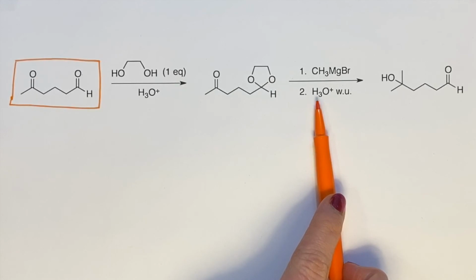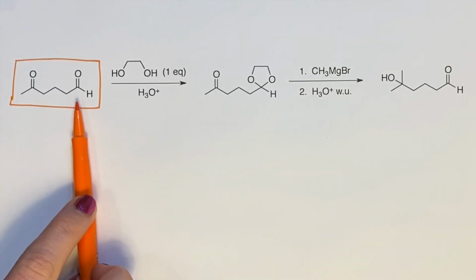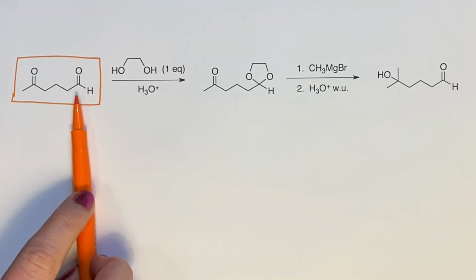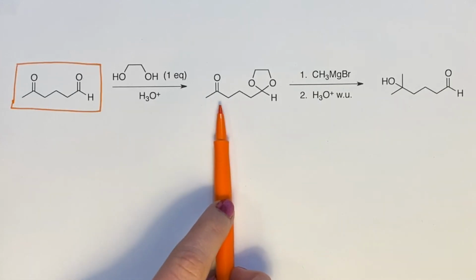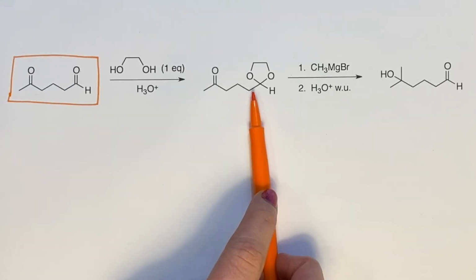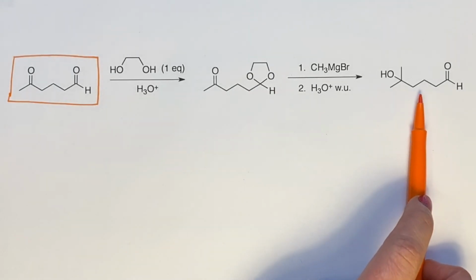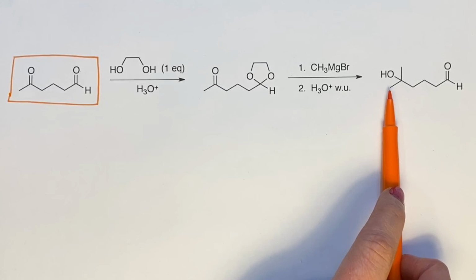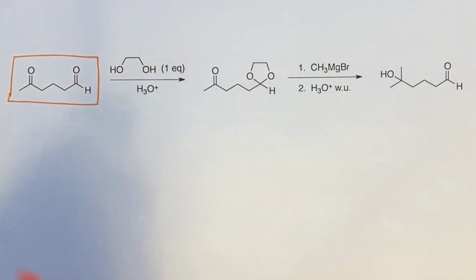So if I want to selectively react the ketone over the aldehyde, I can start by protecting the more reactive aldehyde as the acetal, so that when I treat this compound now with the Grignard reagent, my ketone will react with the Grignard reagent, it won't touch the aldehyde, and I can isolate a product like this one where I've selectively reacted the ketone and left the aldehyde intact.